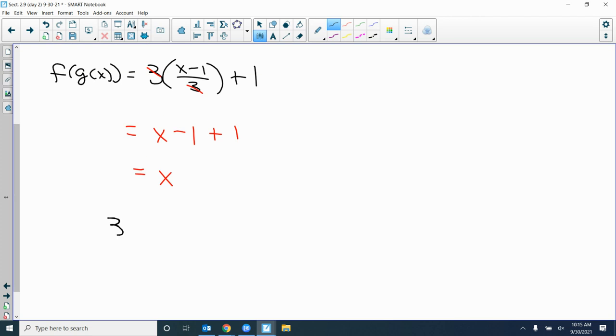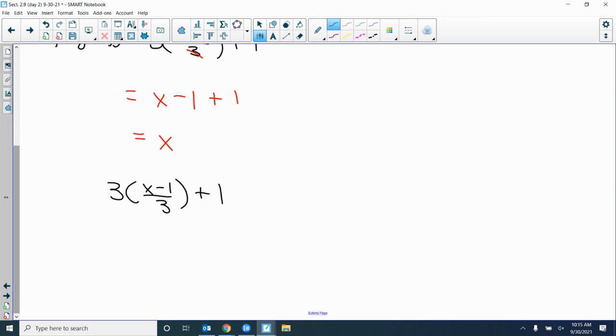So if I get 3 times (x minus 1) over 3, plus 1, what does it look like when I multiply in by 3? This is where a lot of people do this incorrectly. You only multiply 3 times the numerator. Do not multiply it by both of them. So when I do this, it gives me (3x minus 3) over 3 plus 1.